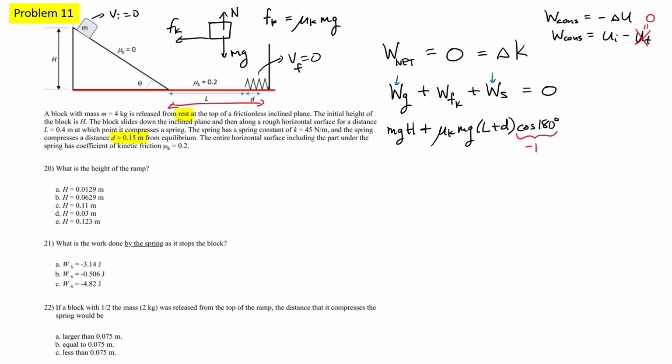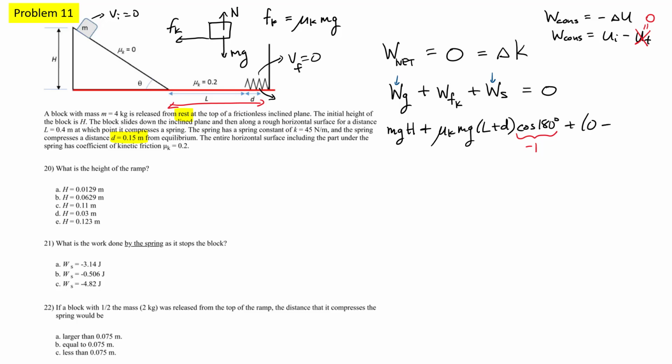All right, what else do we have? Now we have the work done by the spring. This is also a conservative force. So again, the work done by the spring is going to be U initial minus U final. For the spring, U initial is 0, so we don't have anything to worry about there. What's U final? U final is how much spring potential energy is stored over here.